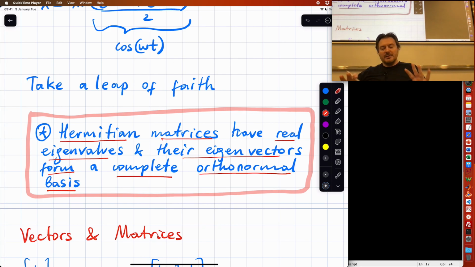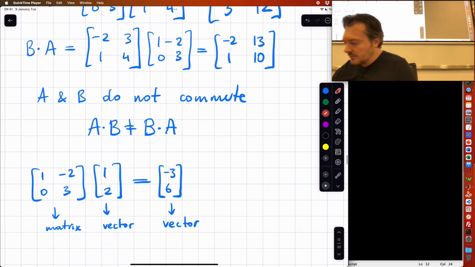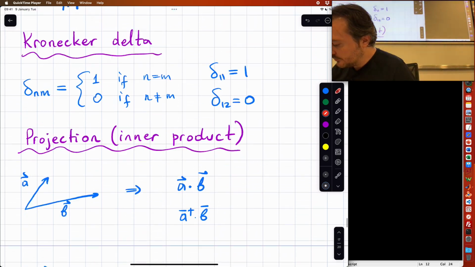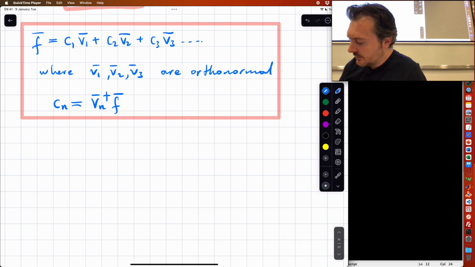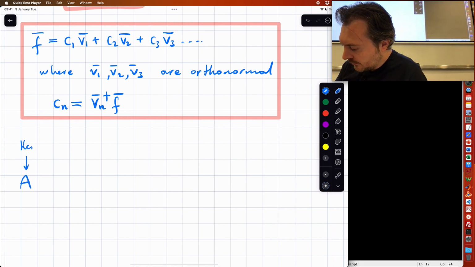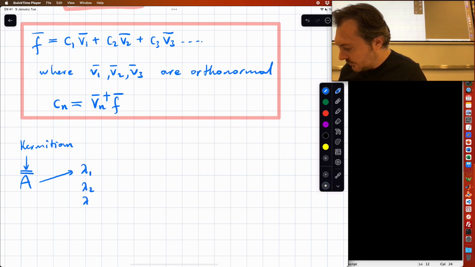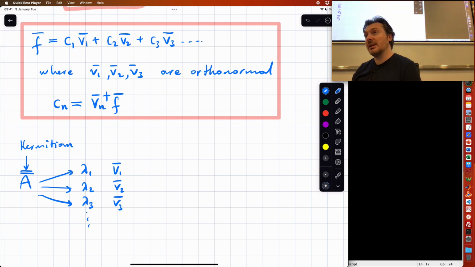So we also understood this part and the basis part. Just for completeness, let me write it down again. We started with a Hermitian matrix. And what came out are lambda 1, lambda 2, lambda 3, etc., and corresponding V1, V2, V3, which we normalized.